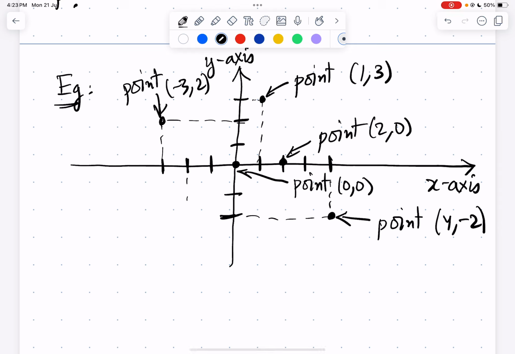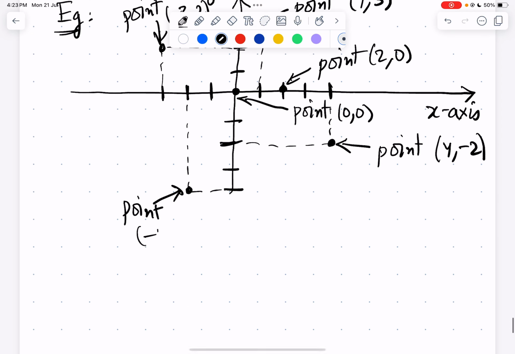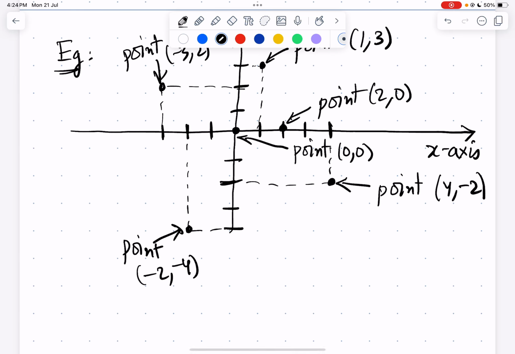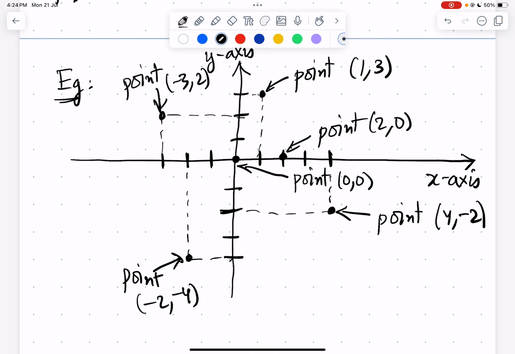And similarly, this point is -2, -4. Right? So coordinates are basically just addresses of points. So we have considered lots of example points.